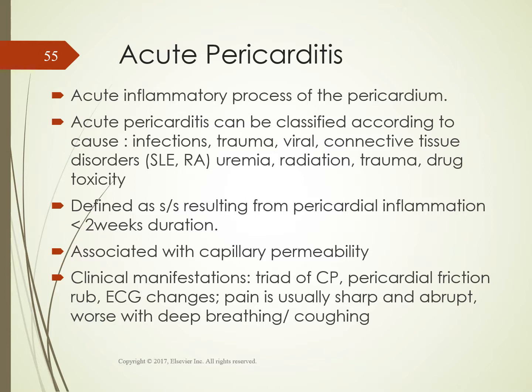Clinical manifestations include the triad of chest pain, pericardial friction rub, and ECG changes. Pain is usually sharp and abrupt, worse with deep breathing and coughing. Diagnosis is by physical exam, ECG, chest x-ray, echo, and treatment depends on the cause.